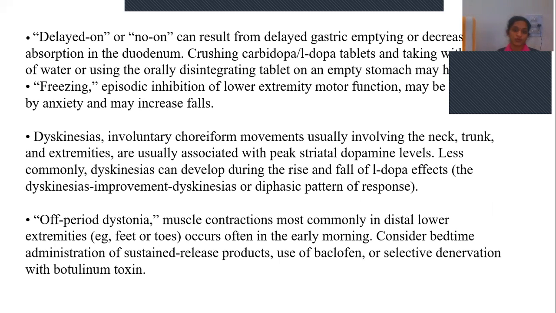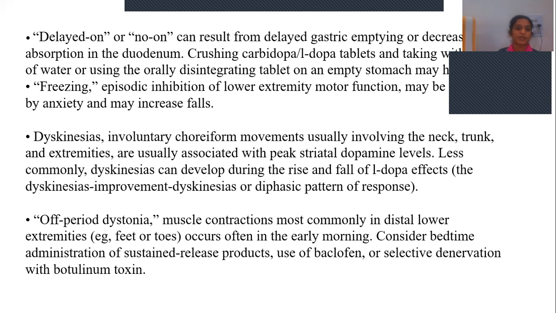Crushing carbidopa and taking it with a glass of water, or using an oral disintegrating tablet, may be helpful, because absorption will be rapid. In those conditions, we can prevent this delayed on effect, that is, late effect or no effectiveness of the drug. It is also better to take it on an empty stomach so that absorption will be more.